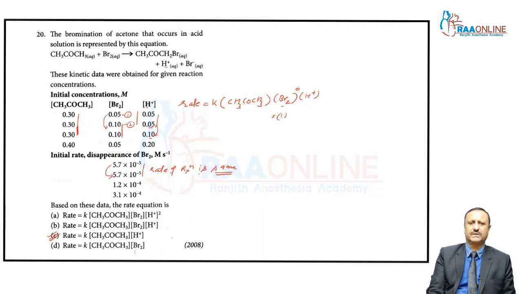Taking experiments 2 and 3, when we double the concentration of H plus ions and keep the concentrations of Br2 and acetone constant, you can see the rates 5.7 and 1.2 into 10 to the power minus 4. It means the rate doubles: if 5.7 is multiplied by 2, you get approximately 1.2.